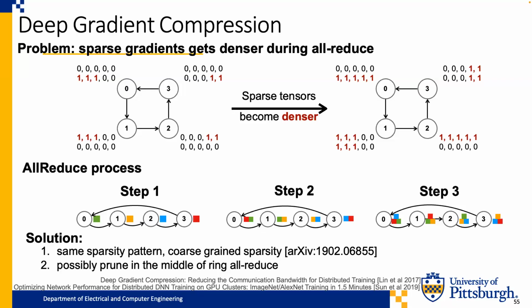It's okay if we just maintain the same pattern. Let's say just index 6, 7, 8, and every worker always just communicates 6, 7, 8. Would that be a problem? What is the drawback of this method?